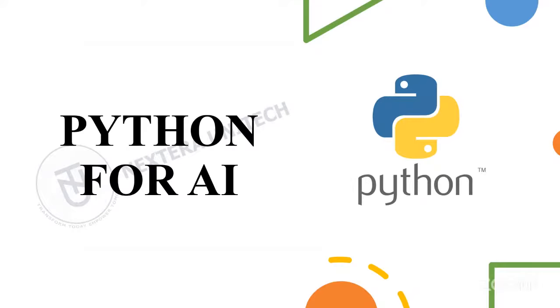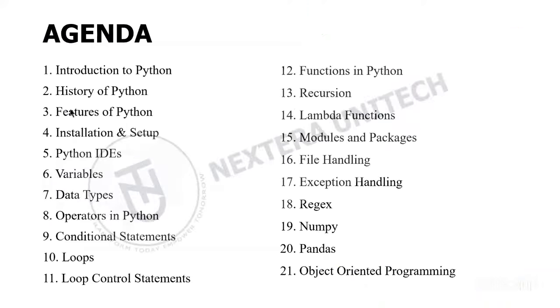Before we move on to today's topic, let's quickly recap what we learned till now. So, till now, we've learned about what is Python and its history and the versions of Python. There are three versions, and the third version is currently being used actively and it is being developed. And then we've learned about the features of Python.